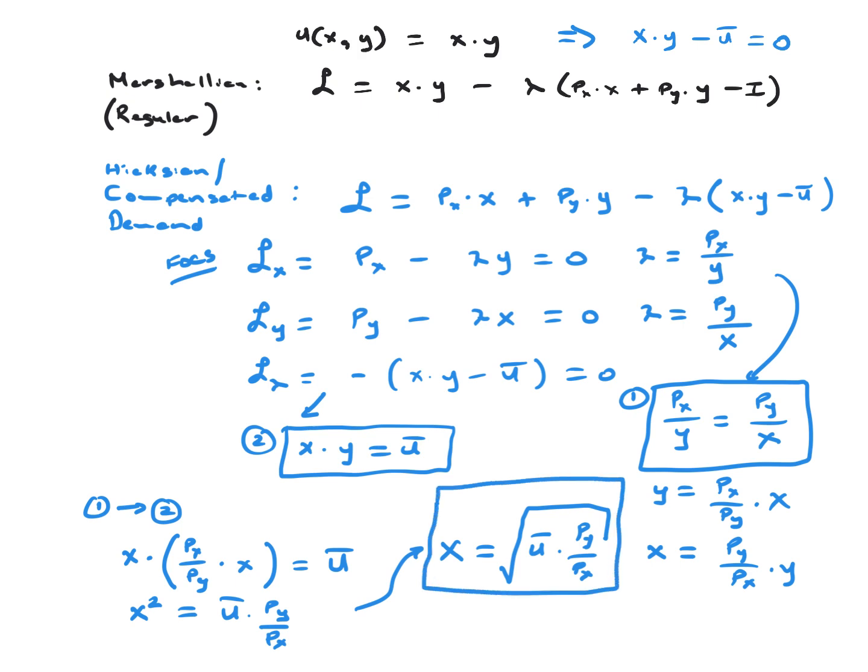So you'll remember from class that this is the expression that we found for the compensated demand for good X. I'll leave it to you to go back and plug the second version of equation one back into equation two to find the expression for the compensated demand for good Y.